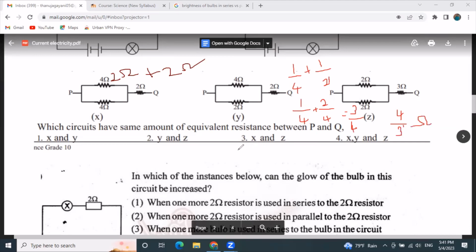They asked only which circuits have the same amount of equivalent resistance. Okay, let's write it here using the brown color. 4 over 3 ohm plus 2 ohm.